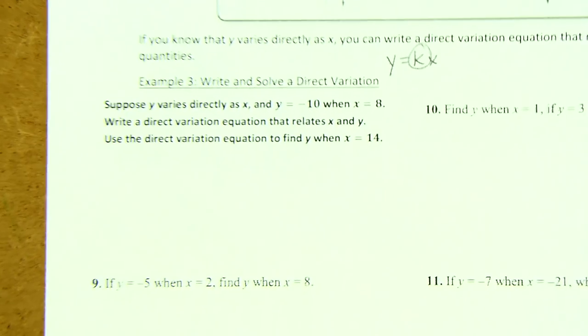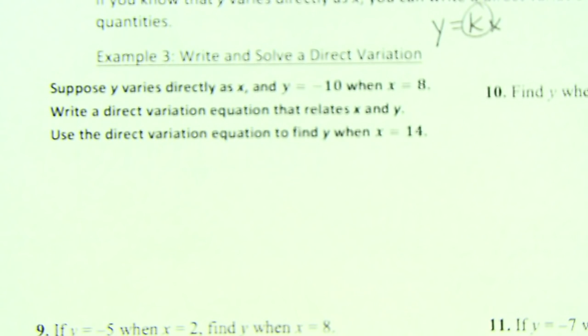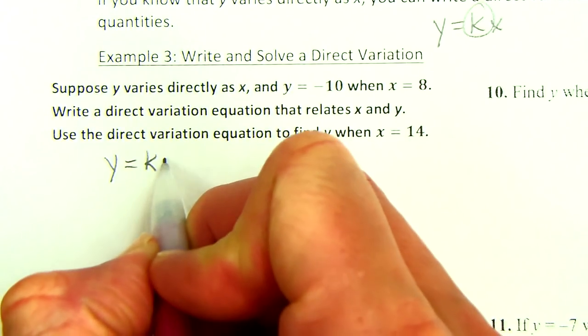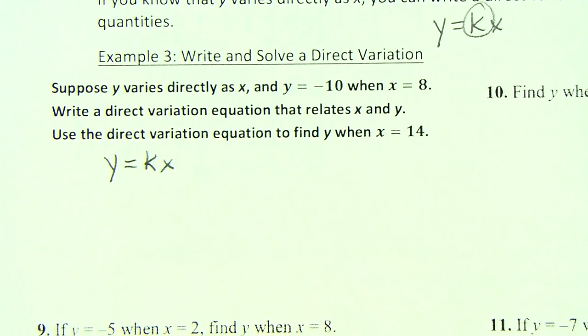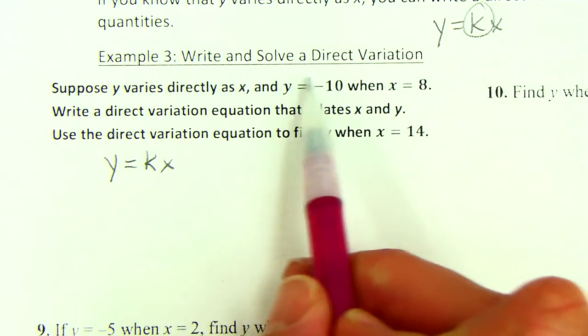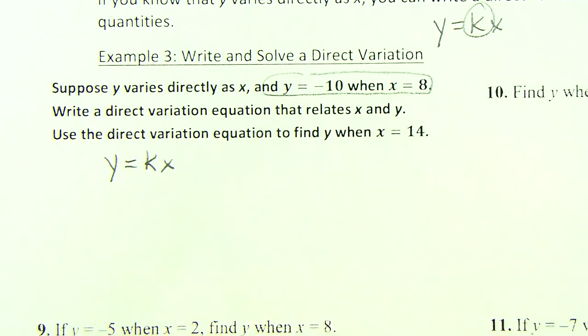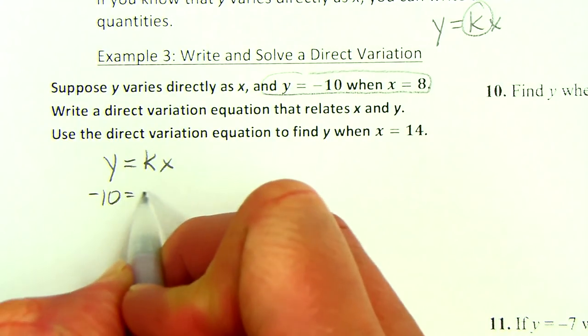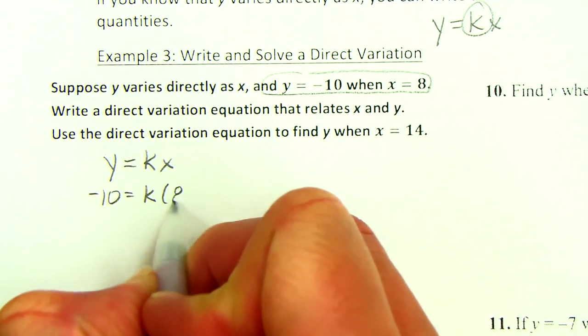Suppose y varies directly as x. So you know you have the equation y equals your constant times x, but you don't know what the constant is yet. Notice then they give you y equals -10 when x is 8. So we're going to take that given ordered pair, and I'm going to plug them in. So I'm going to get -10 equals k times 8.